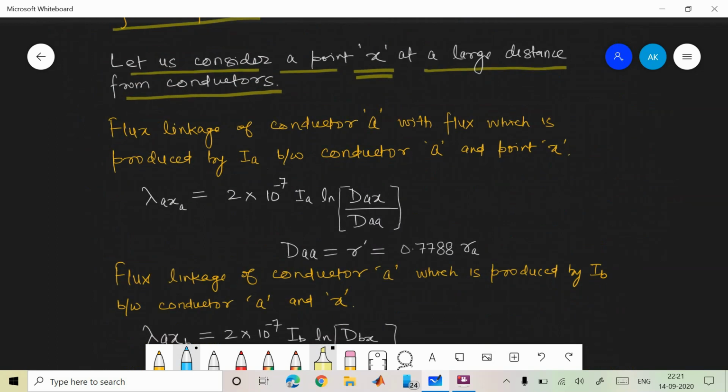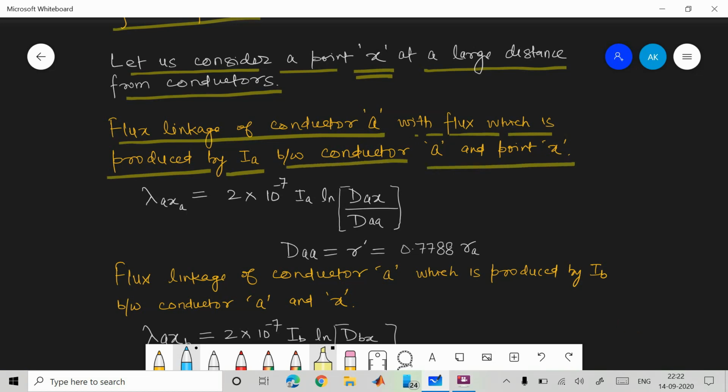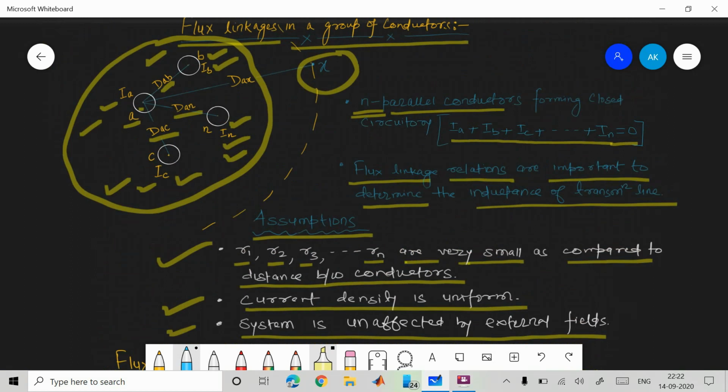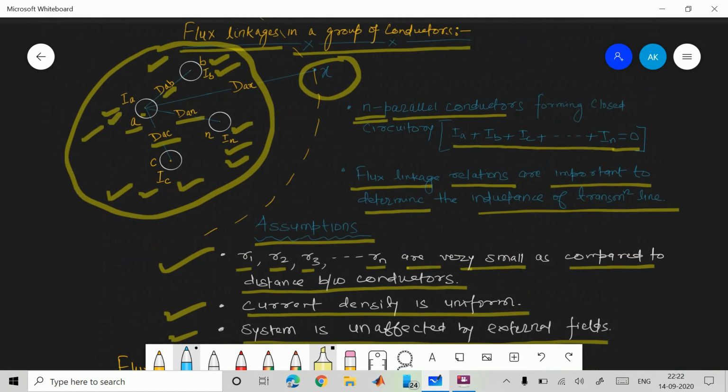Now we will write the flux linkage of conductor A. First we will write the flux linkage of conductor A with flux produced by IA between conductor A and point X. It means that first we will write the flux linkage of conductor A between this conductor A and point X due to current IA only.